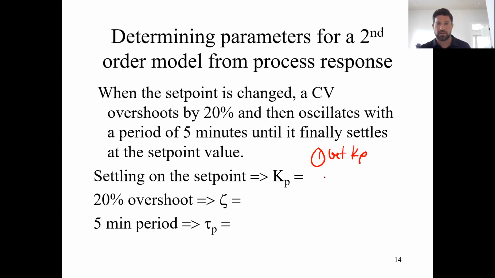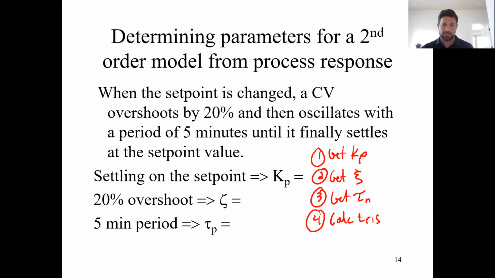If it overshoots by 20%, I can now get zeta based on the overshoot. Next I'm going to need tau, so I can get tau using the period of oscillation. Once I have tau, I can calculate the T rise.